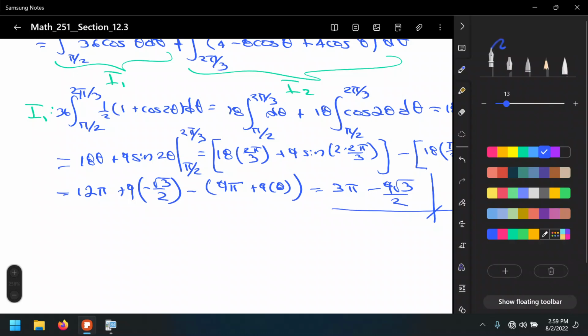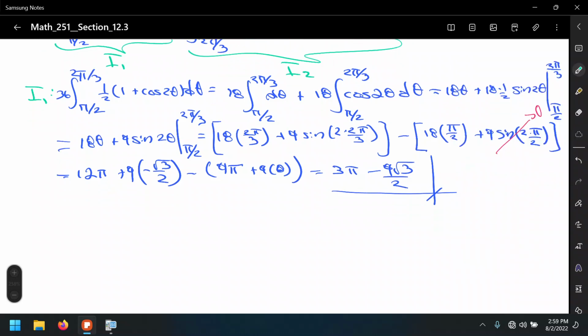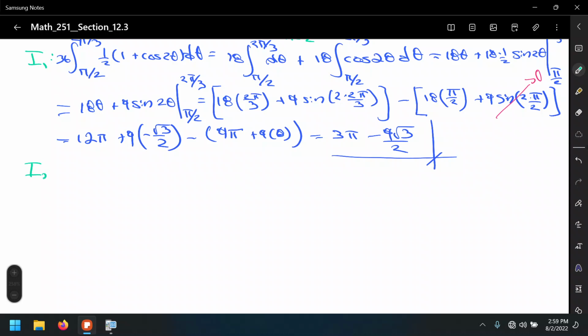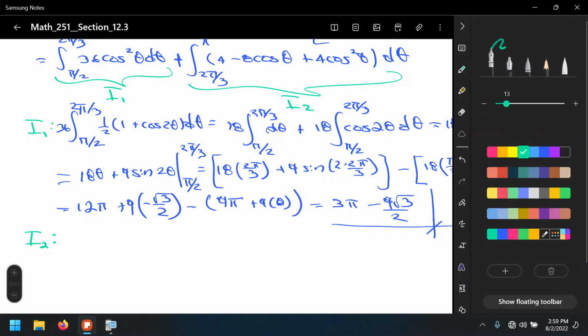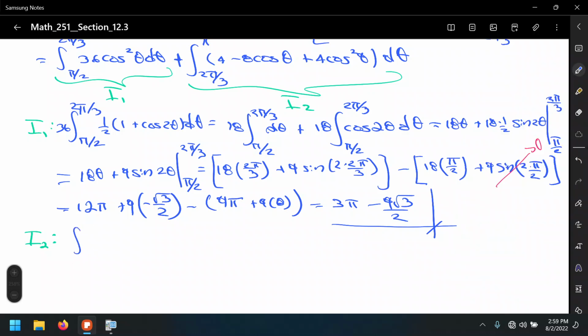Let's have a look at the second integral, I2. For I2 we said the integral from 2 pi over 3 to pi of 4 minus 8 cosine theta plus 4 times 1/2, 1 plus cosine 2 theta.